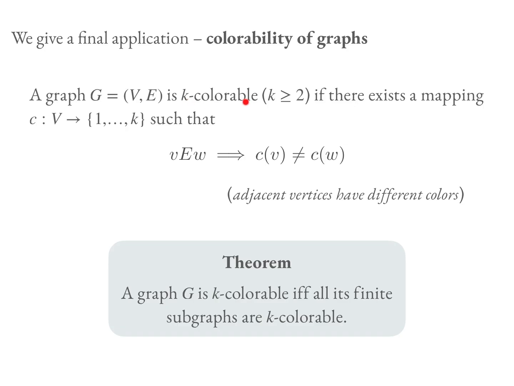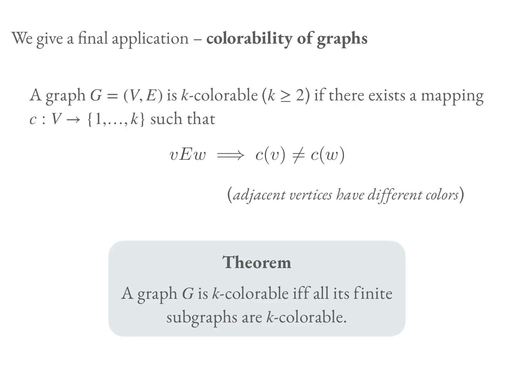And we say this is k-colorable if there exists a mapping from the vertices into this set, which you can think of as the colors, such that no two adjacent vertices have the same color. Okay, and the theorem we want to prove here as an application of the compactness theorem is that a graph G is k-colorable if and only if all its finite subgraphs are k-colorable.